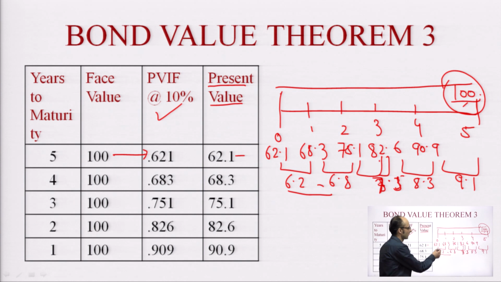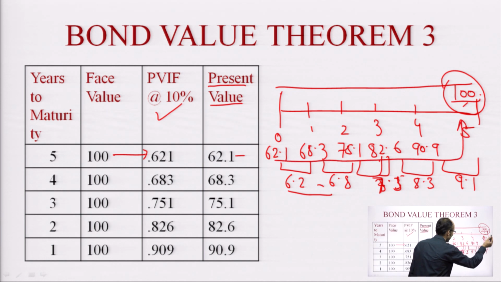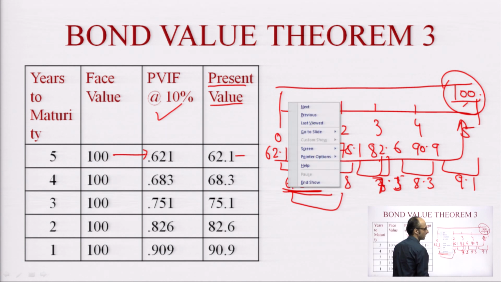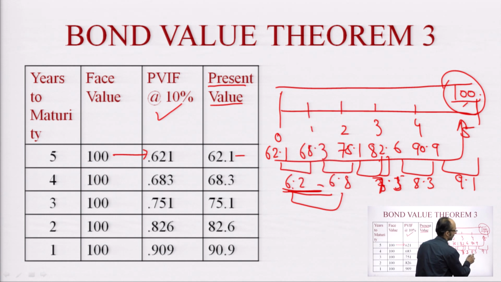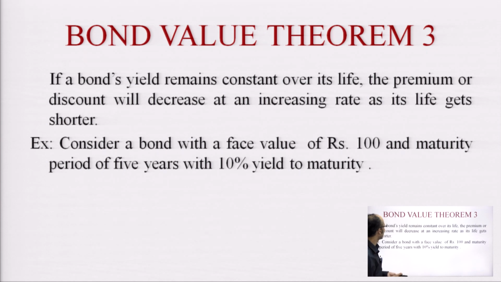These values increase and the discounts decrease as the bond approaches maturity, and this happens at an increasing rate. Here the difference is 6.2, then 6.8, 7.5, 8.3, and 9.1. So again this holds true: if a bond yield remains constant over its life, the premium or discount will decrease at an increasing rate as its life gets shorter.